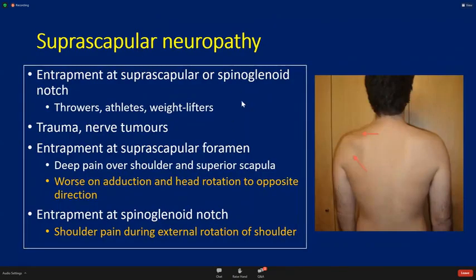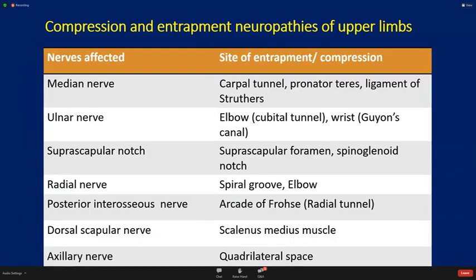But if the compression occurs at the spinoglenoid notch, there will be only weakness of the infraspinatus without weakness of the supraspinatus. Again, this being an entrapment neuropathy, the provocative test is to either rotate the head to the opposite direction, or adduct the scapula, and the pain can be reproduced. The spinoglenoid notch pain can be reproduced by external rotation of the shoulder.